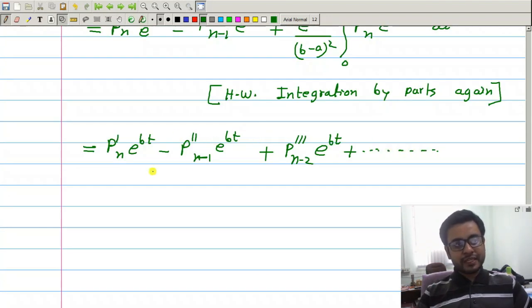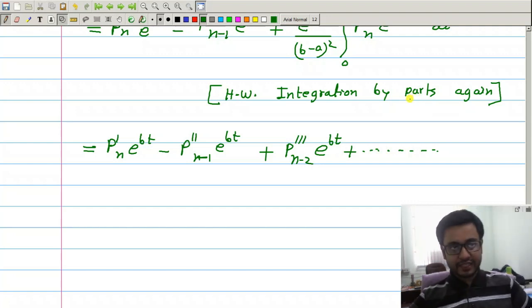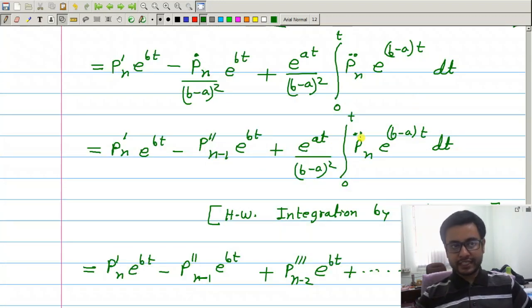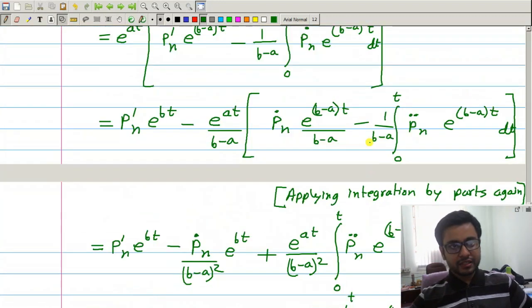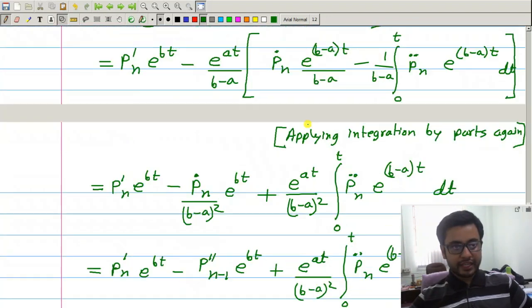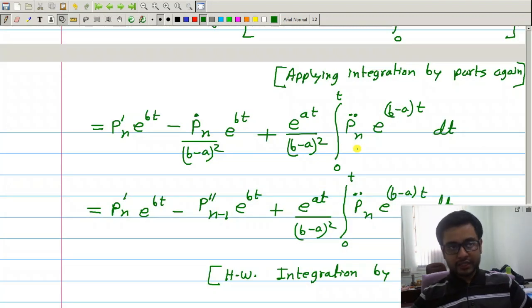Now you can repeat this process of integration by parts again and again. No worry, the process will definitely terminate, because every time you do integration by parts, you see here we had p dot, next here we have p double dot, and therefore the degree of this polynomial is reducing, and finally this will become a constant.